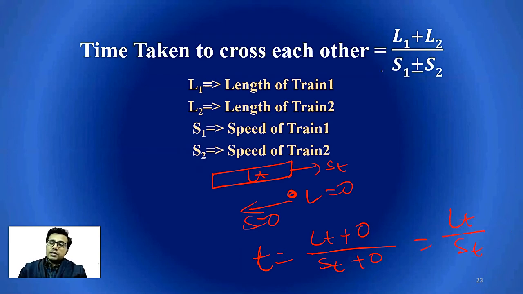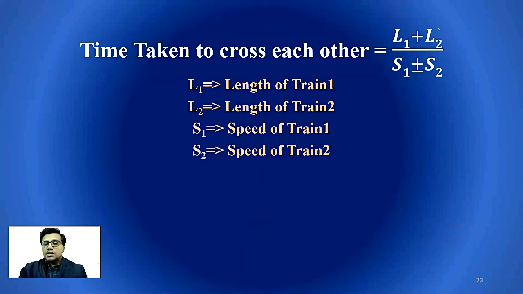So all you have to do is check whether L2 is there or not, because L1 is going to be length of train and S1 is going to be the speed of train. That is not going to change. The only thing we have to keep checking every time is the second thing, whether it's bridge, platform, lamppost, stationary man, whatever it is: is L2 there or not? Is S2 there or not? Check only that much. From that itself, automatically the formula will come.